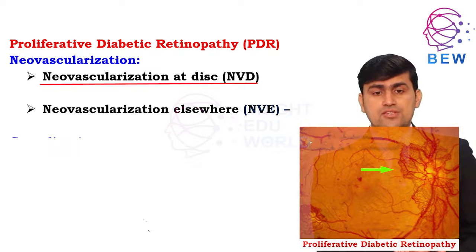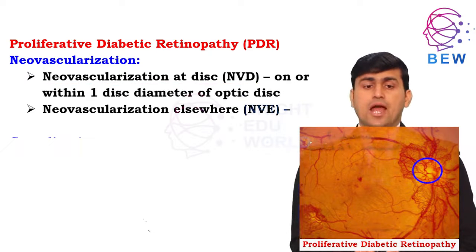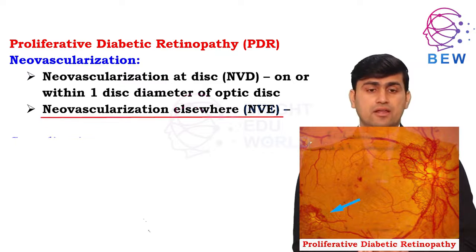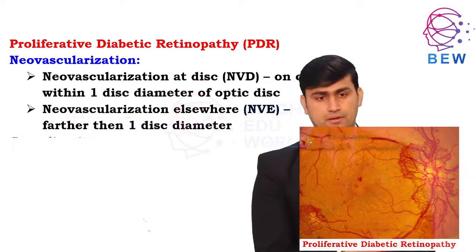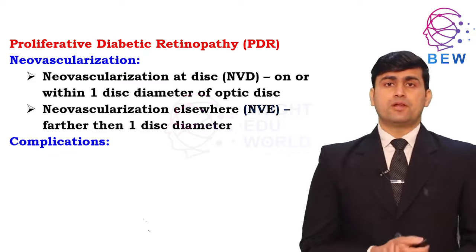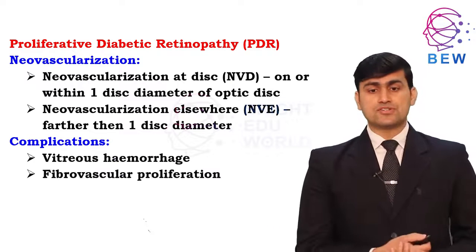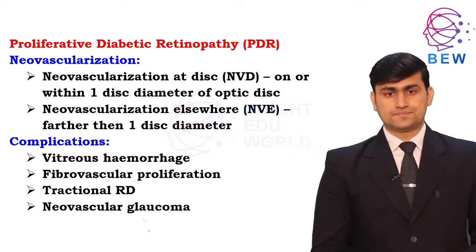When there is neovascularization on or within 1 disc diameter of the optic nerve head. And when do you call it neovascularization elsewhere? When the neovascularization is farther than 1 disc diameter. The complications of proliferative diabetic retinopathy can be vitreous hemorrhage, fibrovascular proliferation, tractional RD and neovascular glaucoma.